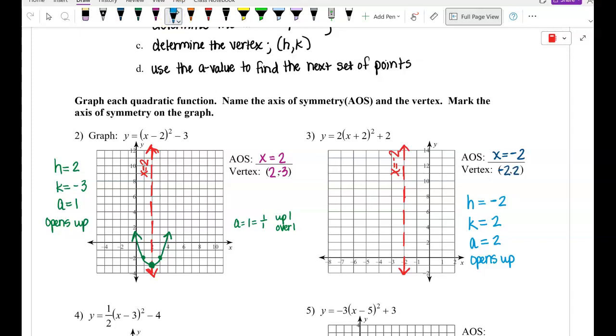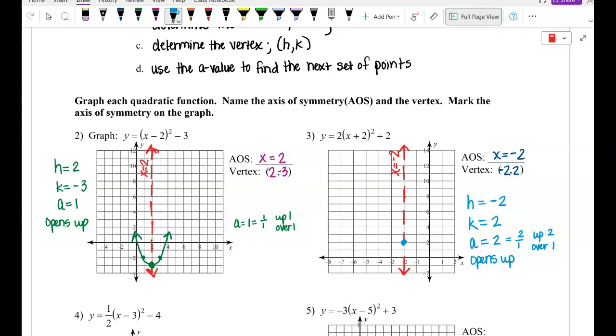Again, I know that's going to be on my axis of symmetry because my axis of symmetry goes right through my vertex. And again, I can use that a value as a slope only for my first set of points. So if a is 2, that's the same as 2 over 1. So now I'm going to go up 2 over 1.